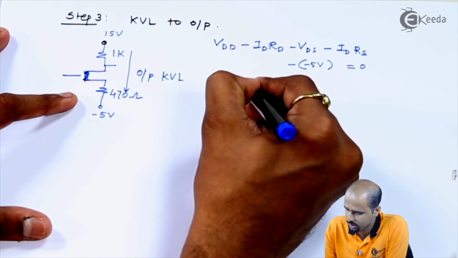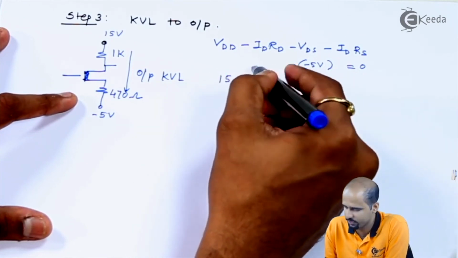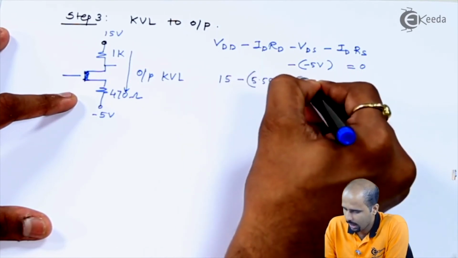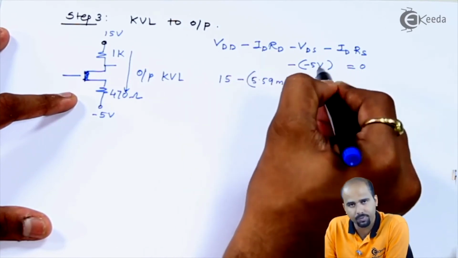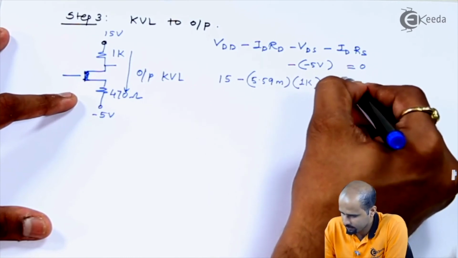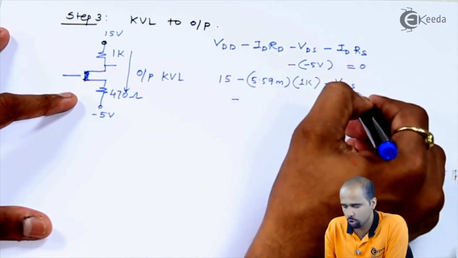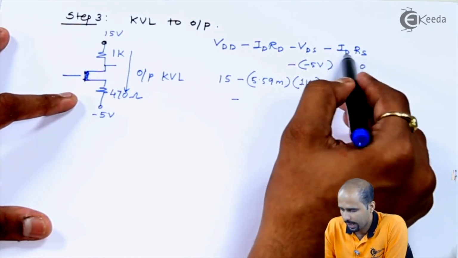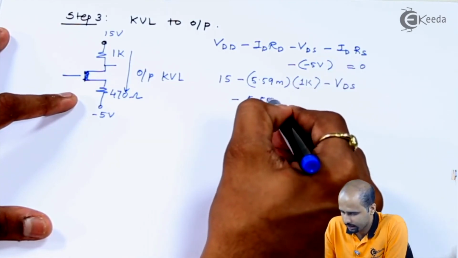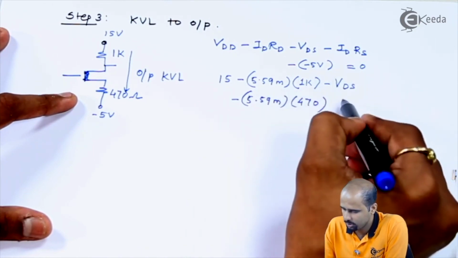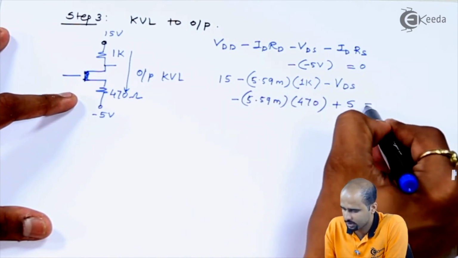So let's see, 15 minus ID value is 5.59 milli, RD value is 1K, minus VDS, VDS is not known to me, ID is 5.59 again milli, this is 470 ohm, and this is plus 5 is equal to 0.